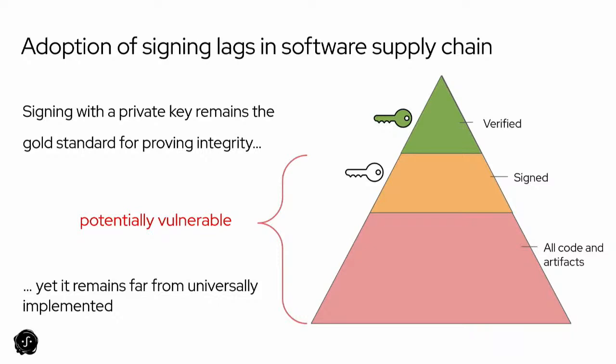Now, unfortunately, a lot of the artifacts in the software supply chain today are not being signed. And in fact, the ones that are signed are often not verified. The signature is not verified by the end user. So this means that a lot of our software and artifacts and container images actually remain vulnerable.